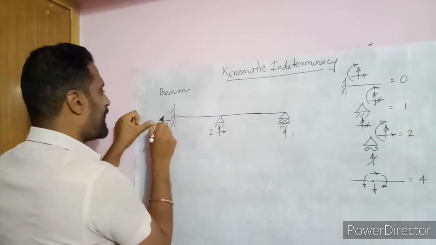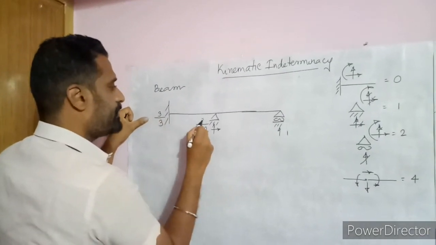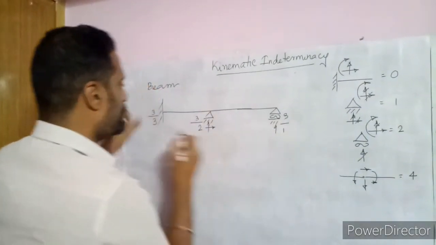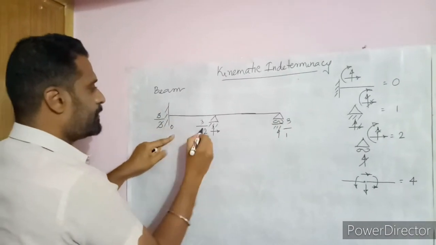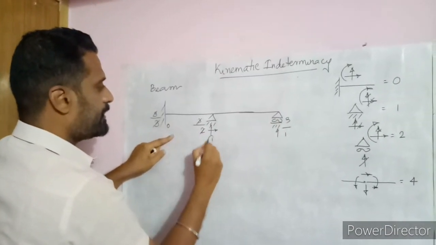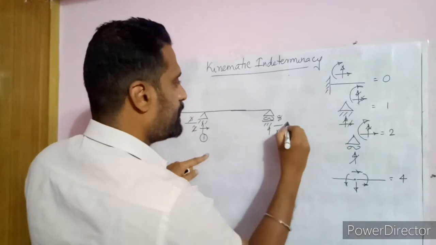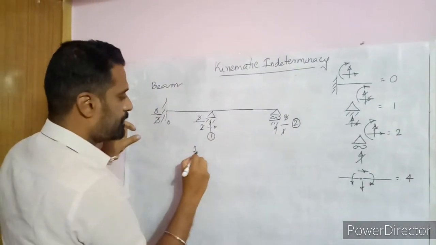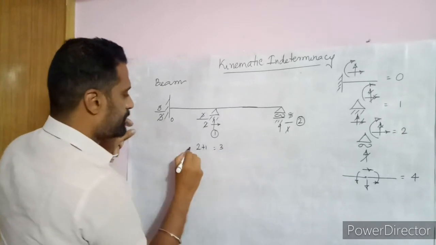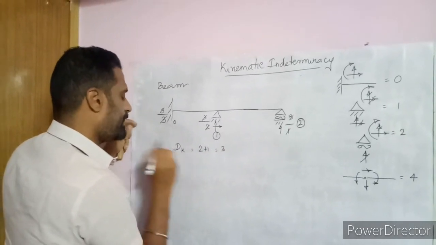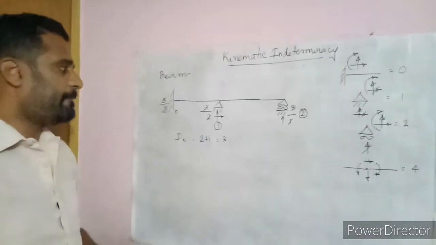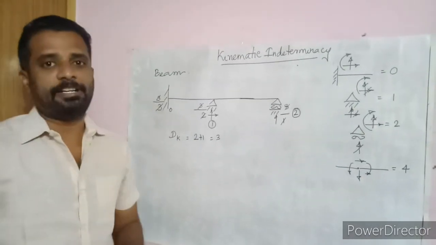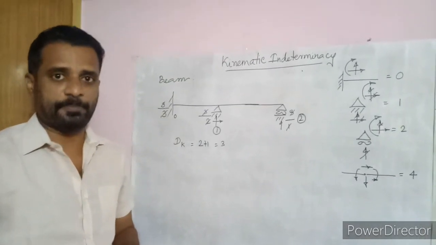You just write the standard deformations above this and subtract. 3 minus 3 is 0, 3 minus 2 is 1, and 3 minus 1 is 2. Then you sum all this: 2 plus 1, which is equal to 3. That is the degree of kinematic indeterminacy. Hope it's useful, and this is the simplest way of calculating the degree of kinematic indeterminacy.